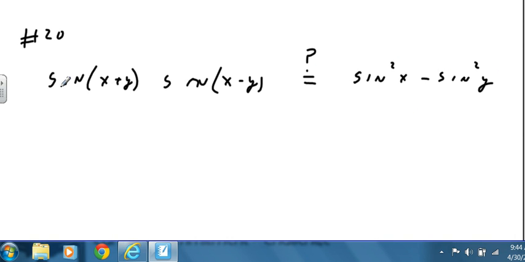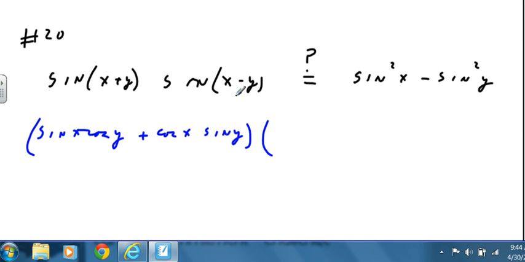Okay, so sine of x plus y is sine x cosine y plus cosine x sine y.